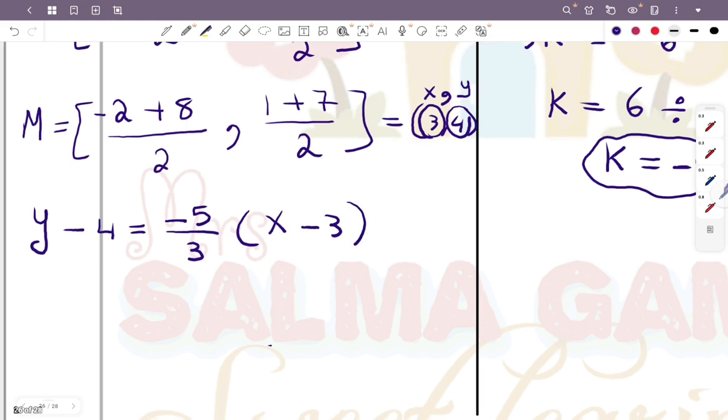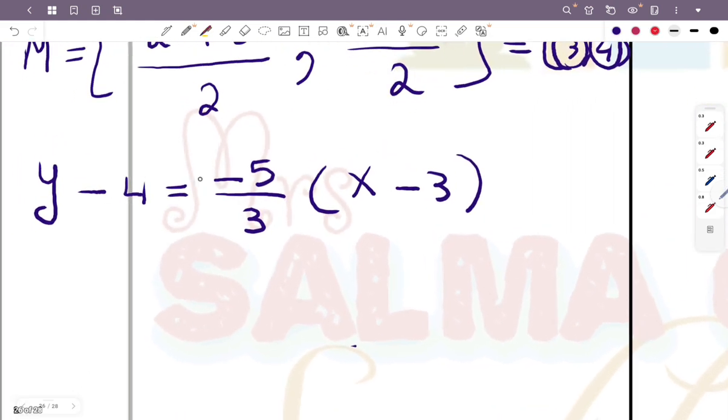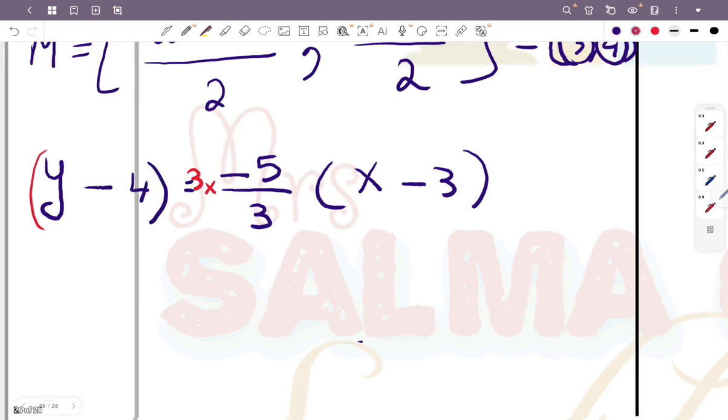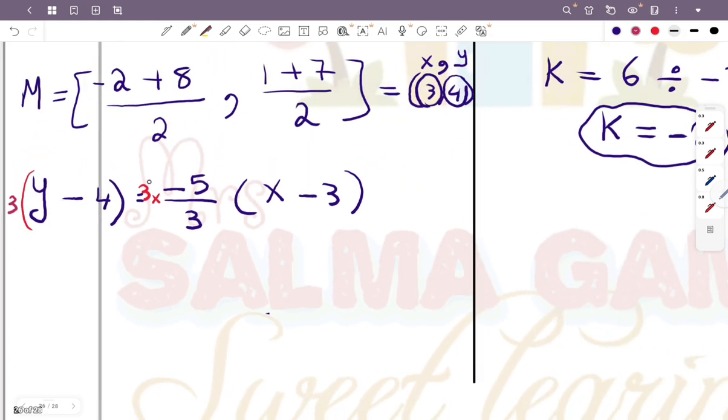Then multiply by 3 on both sides, so the 3 cancels. Then 3y minus 12 equals minus 5x plus 15.